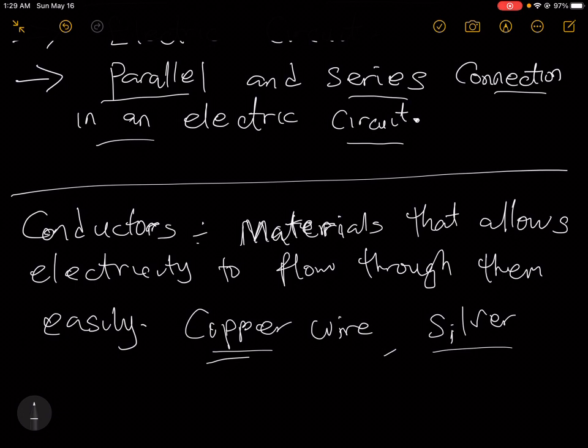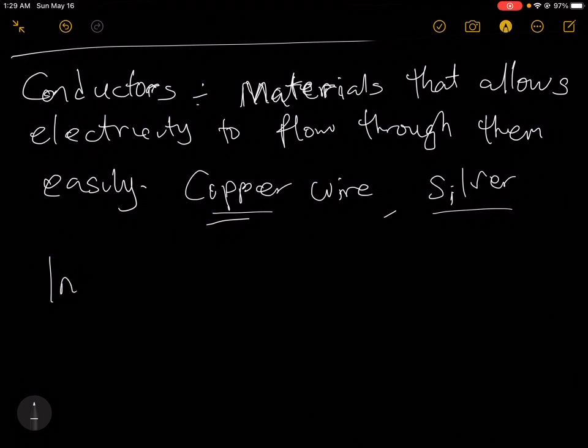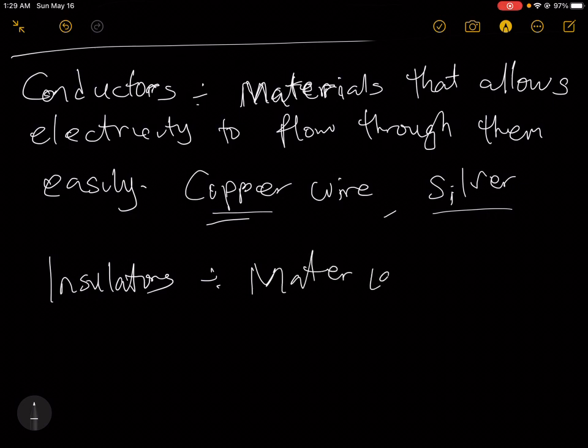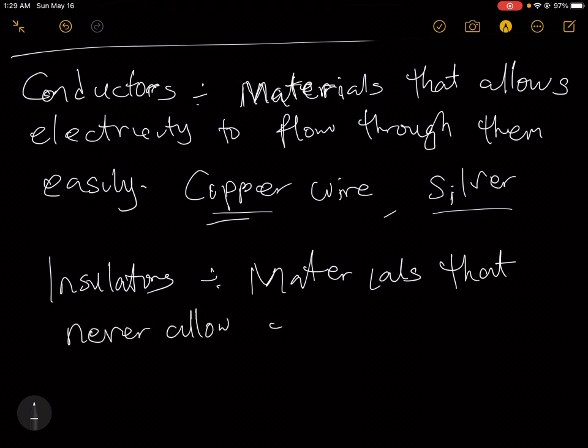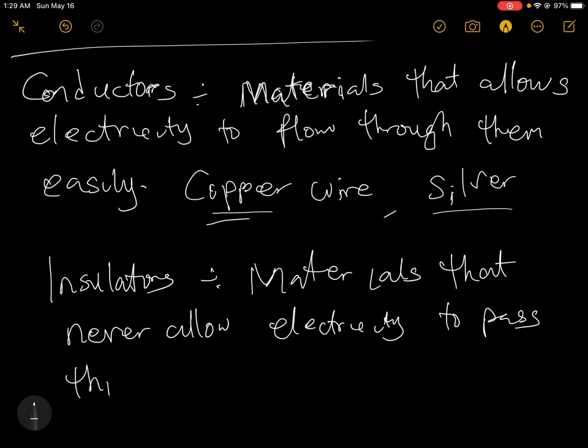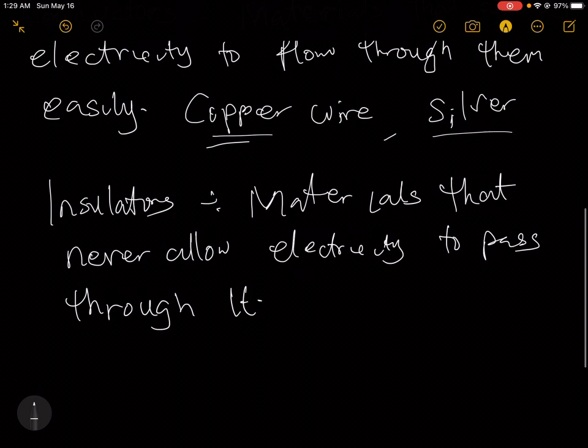So that's it on that. Let's move to insulators. Insulators are the opposite of conductors. Insulators are materials that never allow electricity to pass through them. An example of this is plastic. Plastics, they don't allow.